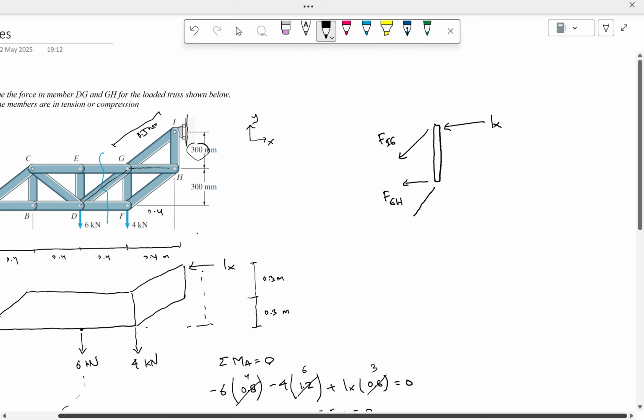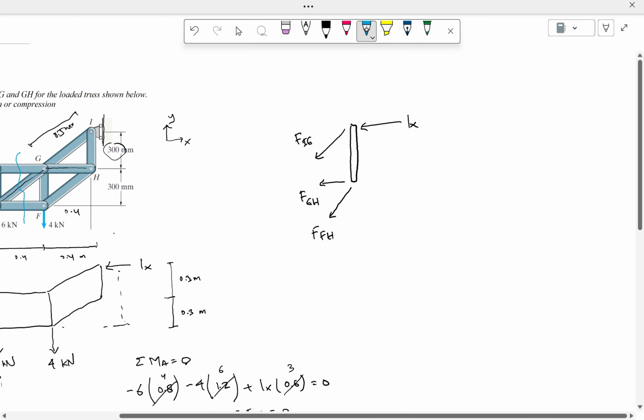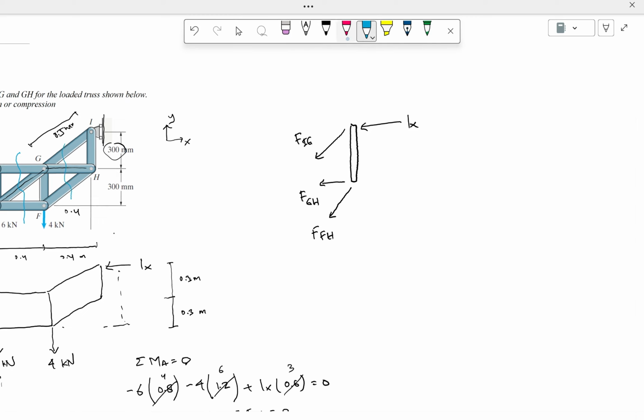And then there is a force FDH. So Ix we know, and then we have three unknowns. So how to solve this? This is basically you're making a sectioning here, right? So this is what you got, right?